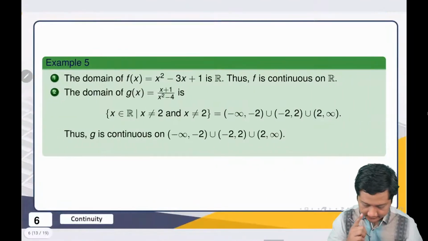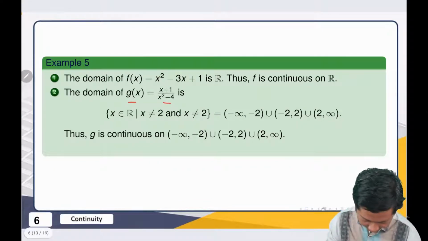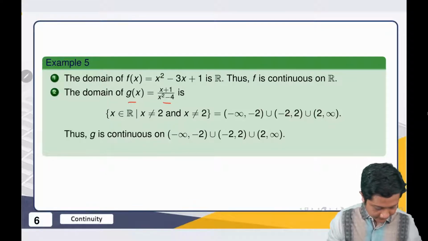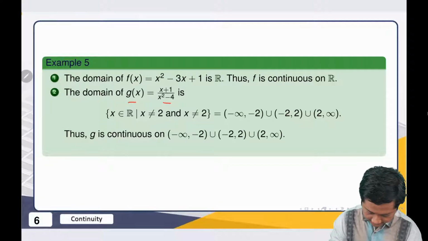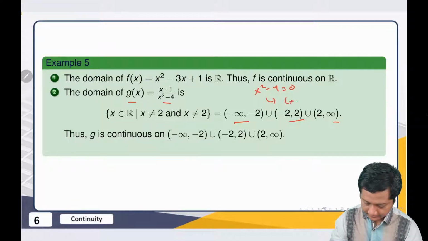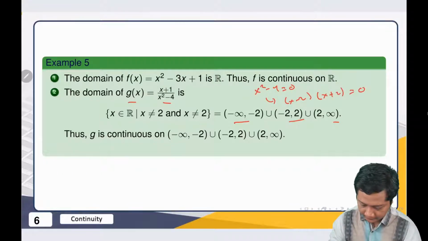And then the second example, we have g(x) = (x + 1)/(x^2 - 4), a rational function. If we look at this carefully, the domain is this one. Why? Because when x^2 - 4 equals 0, that means (x - 2)(x + 2) = 0, so x = 2 or x = -2.